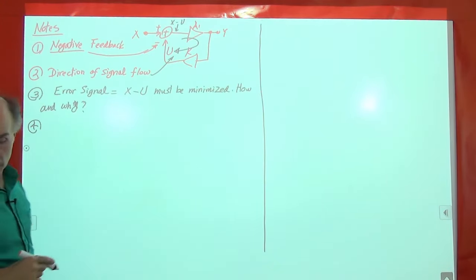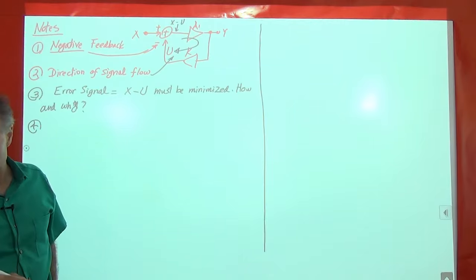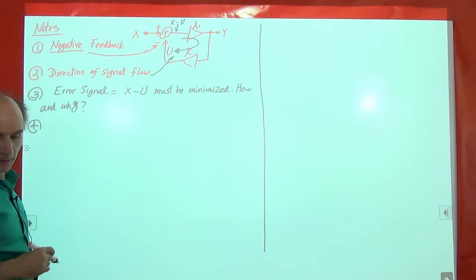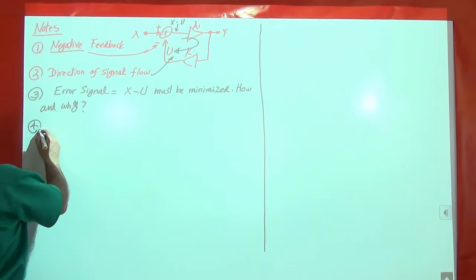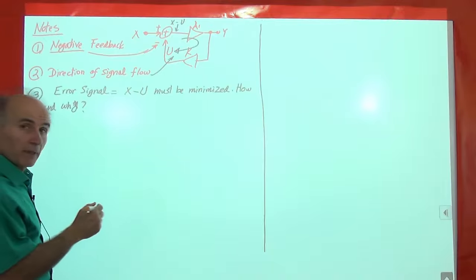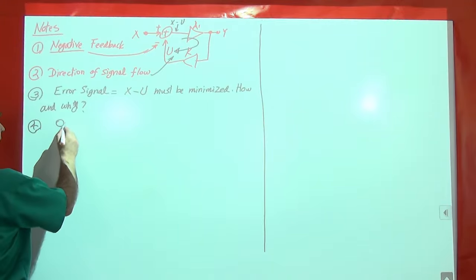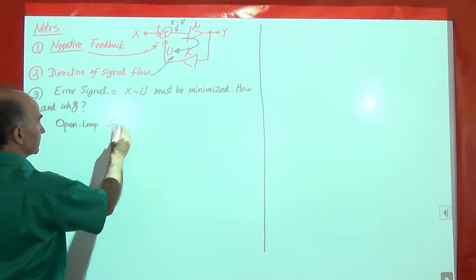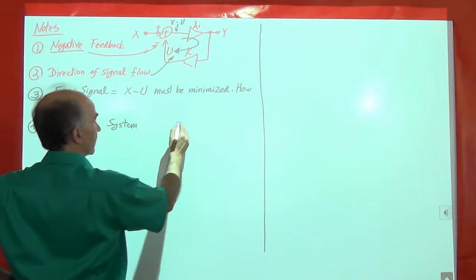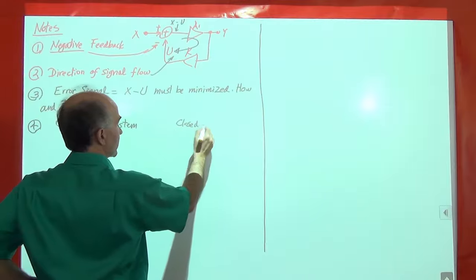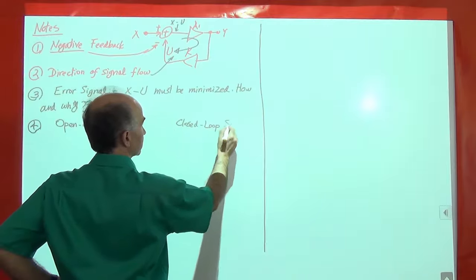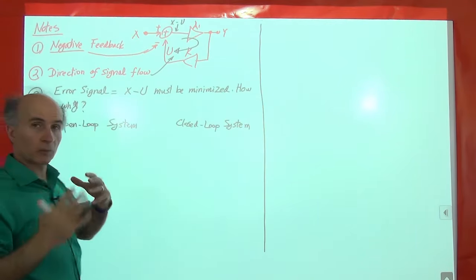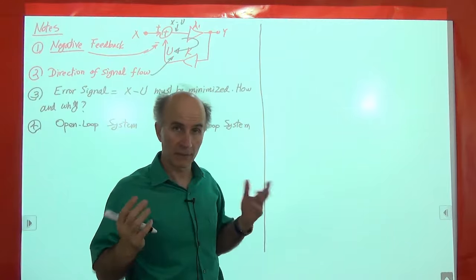Okay, next point. The next point that I would like to raise is the following. All right, so we have two other definitions, what we call the open loop system and then the closed loop system. So both of these come into picture all of the time when we are studying feedback systems.